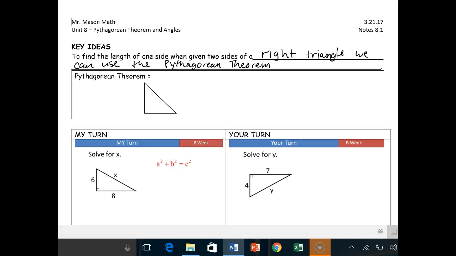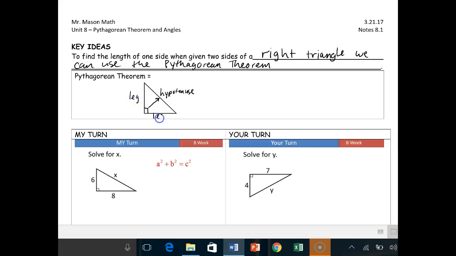I know I just said a lot there. So here we have a right triangle. I know it's a right triangle because I've drawn this right angle here. The Pythagorean theorem states that the side opposite the right angle, we label this the hypotenuse. The square of that is equal to the other two sides.